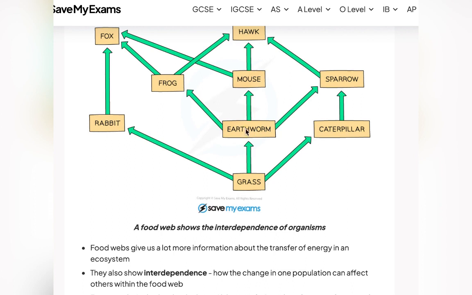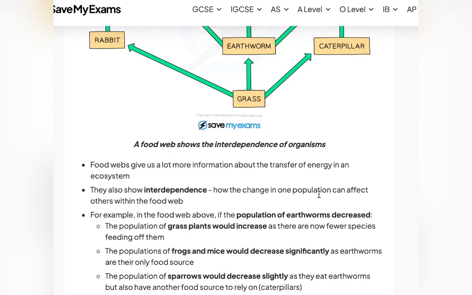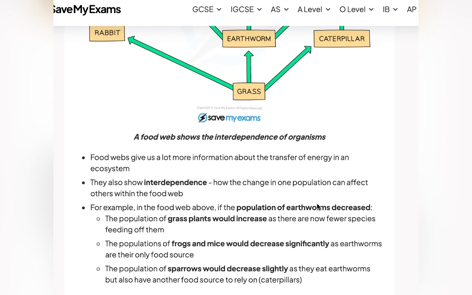Since the number of organisms feeding on the grass is reduced, the grass will be more. So that's one thing that will happen.